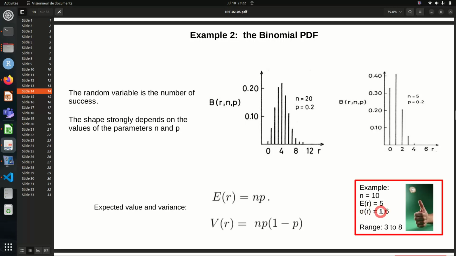So 1.6, let's say 2. Remember, it's the mean value plus or minus the standard deviation. So we should expect between 3 and 8 on one side. So if you flip a coin 10 times and you get 8 on one side, it's not a miracle, it's statistics.